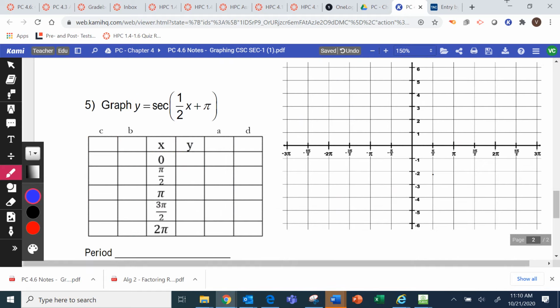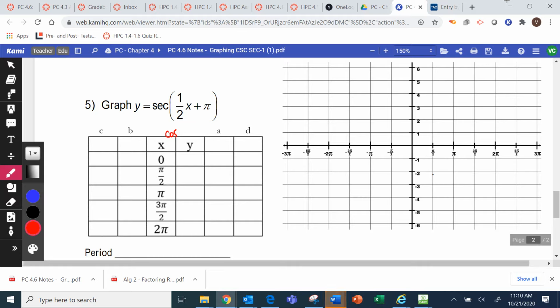All right, this last one has a trick. It doesn't have a trick. It has something that you all forget. So it's going to seem like a trick. Now let's start with our secant. Secant is which one? Cosine.